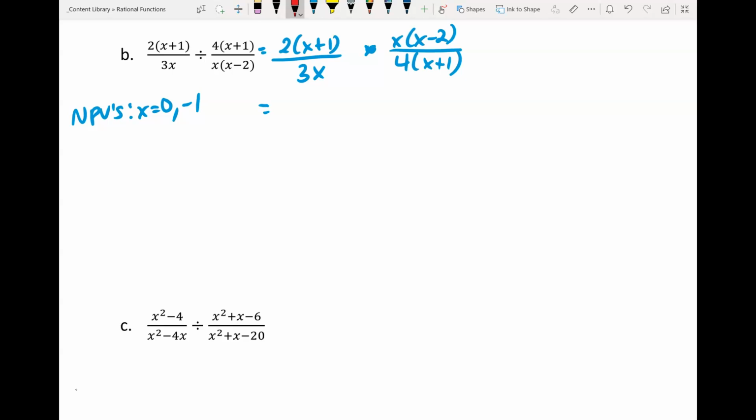Okay, now I'm going to look at seeing if we can cancel anything out. So it looks like I can cancel out x plus 1 diagonally, top and bottom, and same with x. Now we'll multiply across, so 2 times x minus 2 is in our numerator.